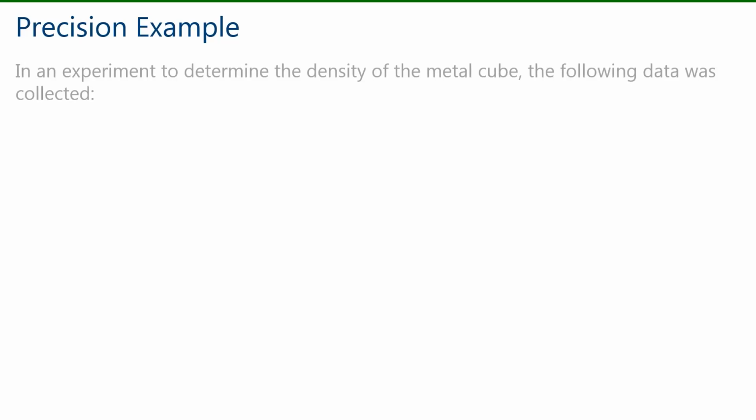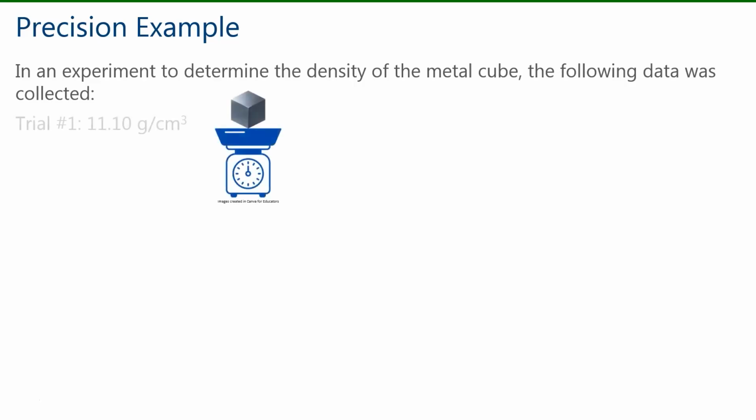Let's look at an example. We'll revisit the same examples we looked at for accuracy. In an experiment to determine the density of the metal cube, the following data was collected. In trial 1, the results were 11.10 grams per centimeter cubed. In trial number 2, they got 11.08 grams per centimeter cubed.